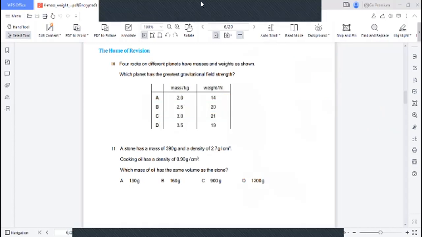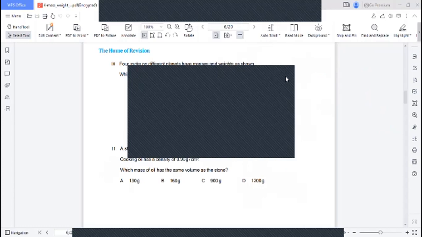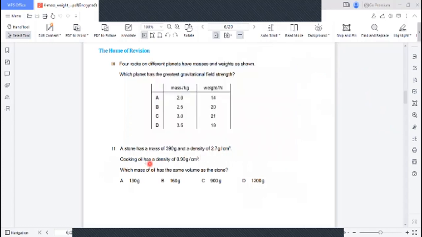Okay, number 10 done, number 11. A stone has a mass of 390 grams and density is 2.7 grams per centimeter cube. Cooking oil has a density of 0.9 gram per centimeter cube. Which mass of oil has the same volume as stone?